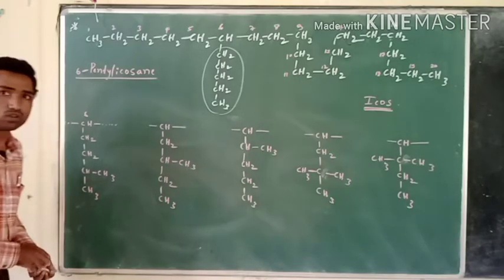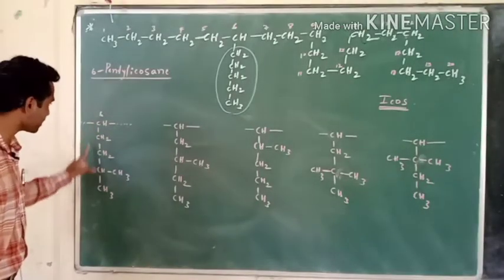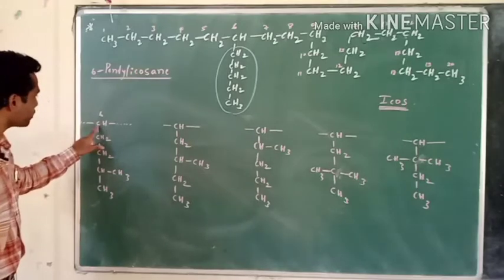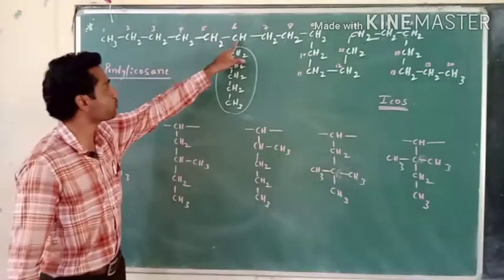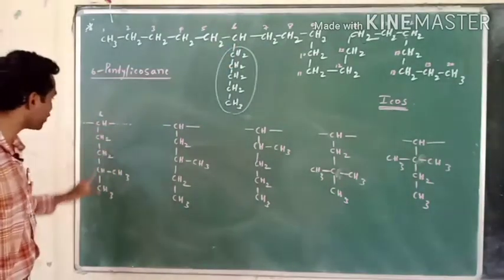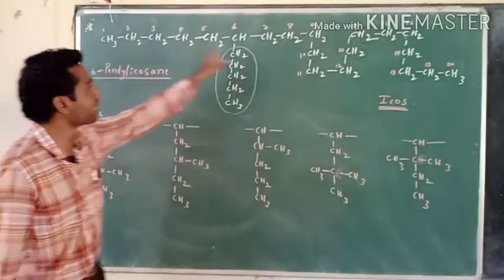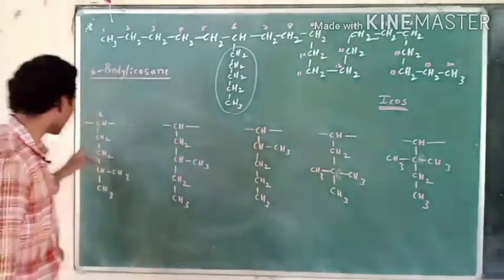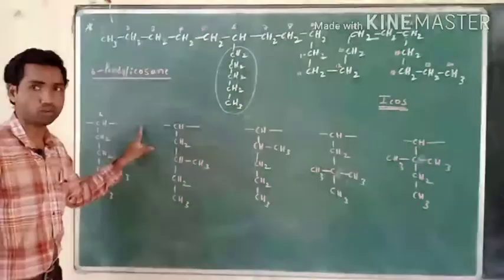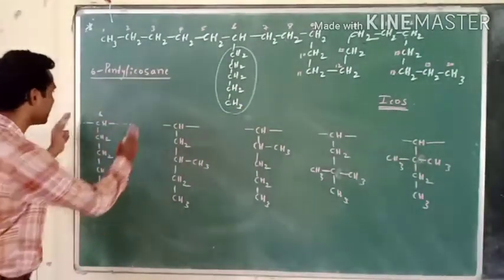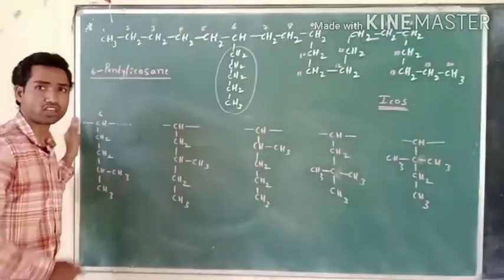Right? So now let us take this molecule. In this molecule, I have just indicated the 6th carbon to which the substituent is attached. So I am not writing the entire 20 carbon longest carbon chain in this molecule. So you just remember here we have a 20 carbon longest carbon chain.